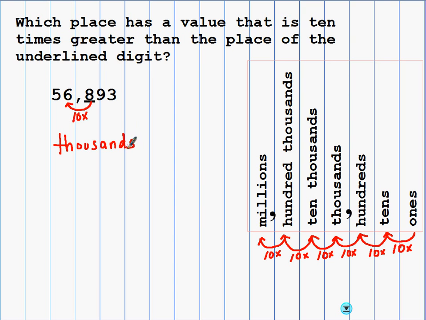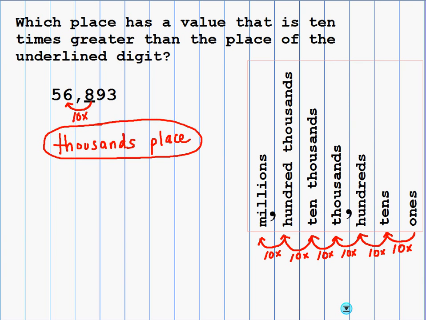So in this number, the place that is 10 times greater than where my underlined digit is would be the thousands place. To summarize what we just learned, as I move left in a number, each place increases 10 times.